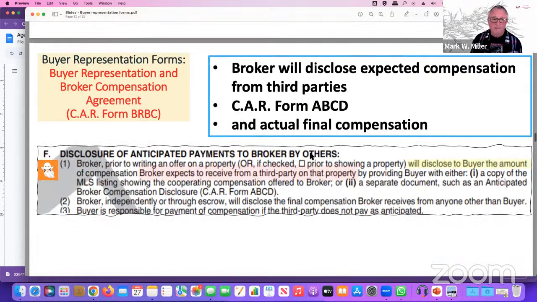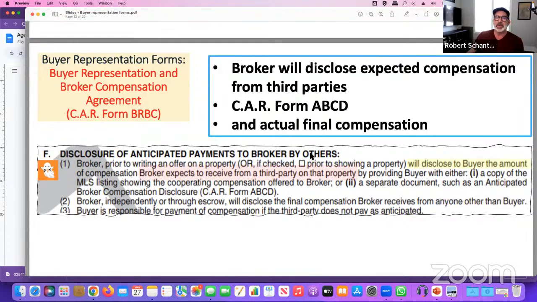Mm-hmm. And then broker will disclose expected compensation from third parties. So disclosure of anticipated payments: broker, prior to writing an offer on a property, will disclose to buyer the amount of compensation that the broker expects to receive from that other cooperating broker, by either giving that person a copy of the MLS printout that shows the CBC on it, or a separate document, which we'll get to, called the Anticipated Buyer Broker Compensation Disclosure, or Form ABCD.